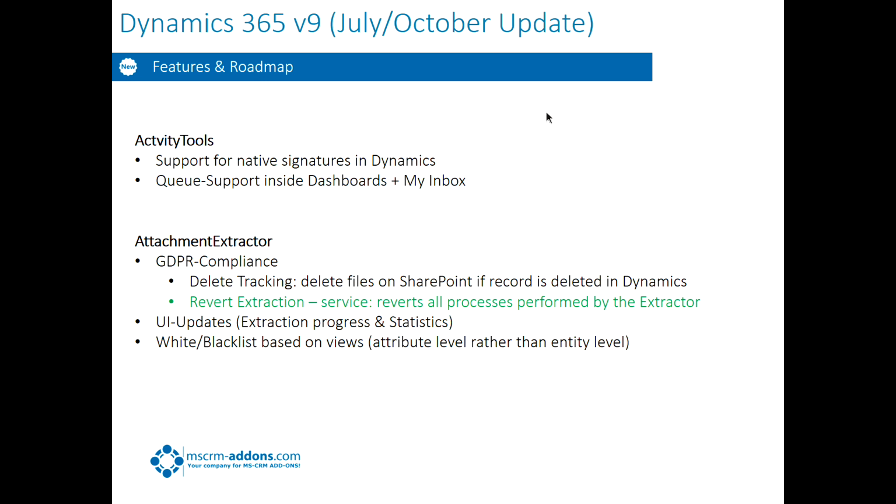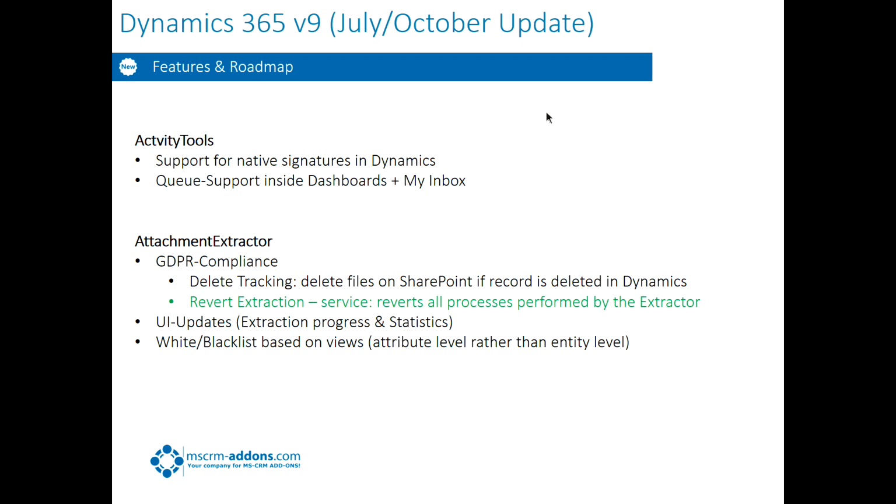The next thing would be queue support inside of dashboards and My Inbox. It's actually a really cool thing. The queue support would be like, say for example, if I had an account and I had an Activity Tools pane on there, it would show me all activities associated with that account.